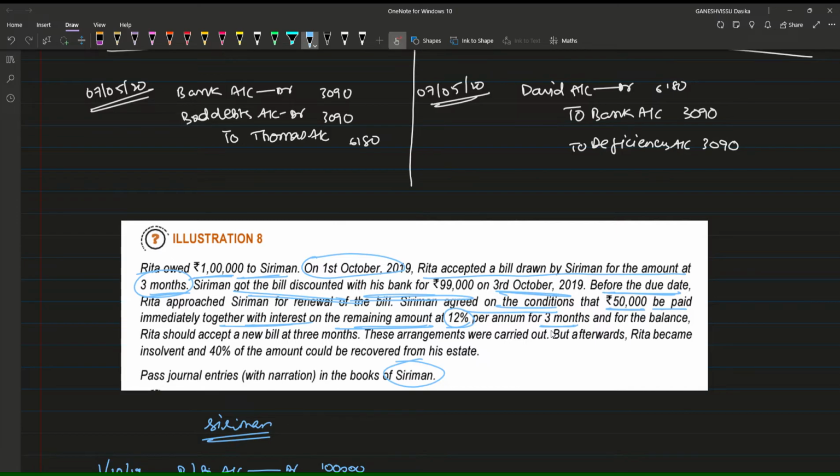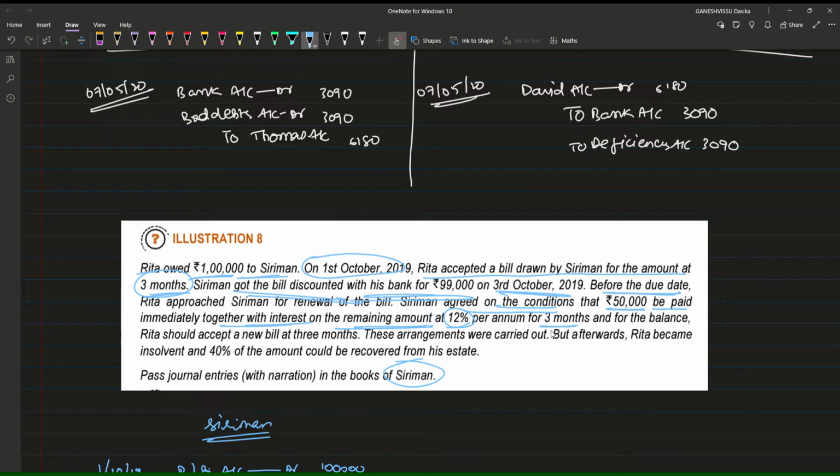I say 3 months because he is asking Rita to give interest at 12% per annum on the remaining amount, or we can say on the remaining half of the amount. How can we say half here?